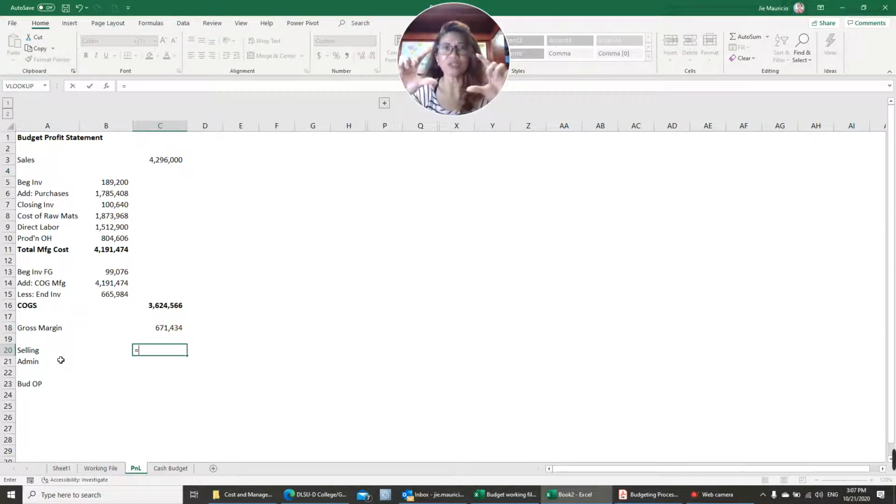Now, it's good that we have the granular details, though in terms of the overall presentation, you can present it overall as a selling and administrative expense. But as you review your budget, as you do your monthly variance analysis and understand the difference between budget and actual cost, you have to be more granular on the details so that you can easily identify what are the items that have driven the cost to go up or to go down and things like that.